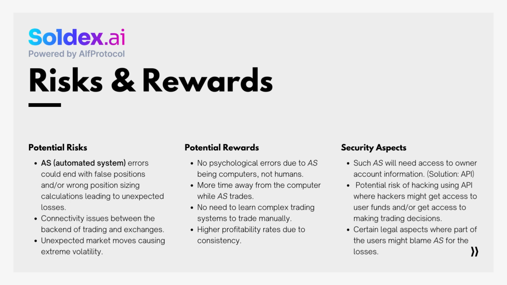Also, the connectivity issues between the backend of trading and the exchanges themselves. This would occur only for the fully automated system, because then the system has to make the decisions on behalf of you.